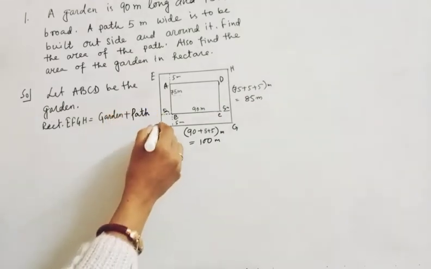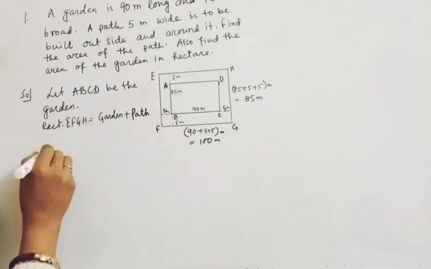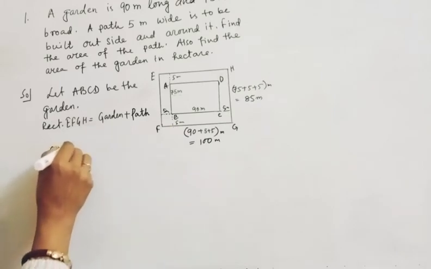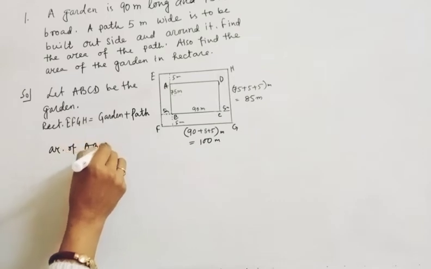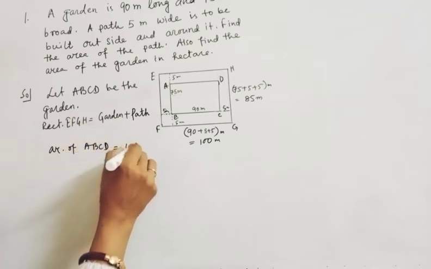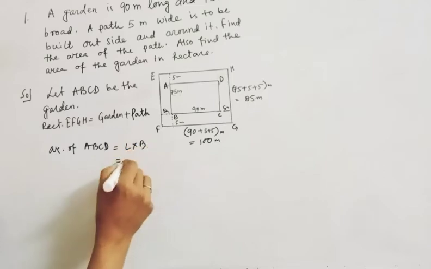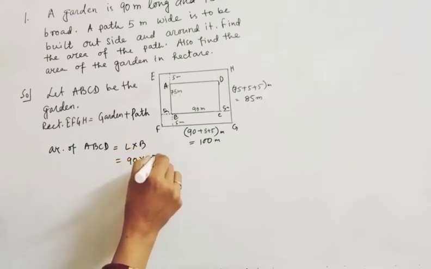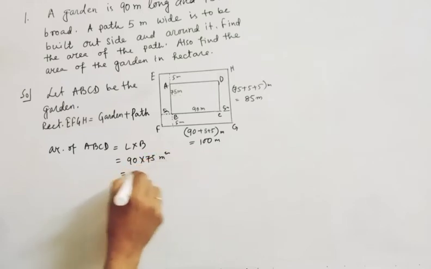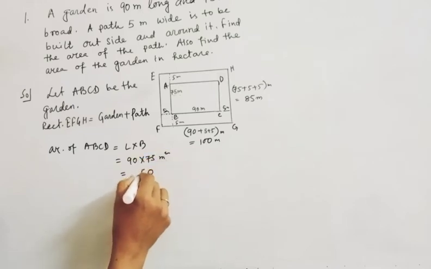Area of ABCD is length into breadth. Length is given 90-meter and breadth is given 75-meter, so easily you can find it, 6,750 meter square.